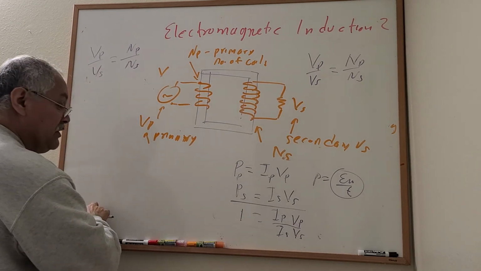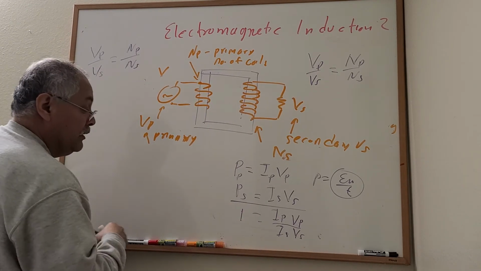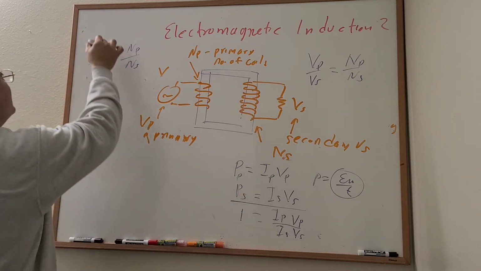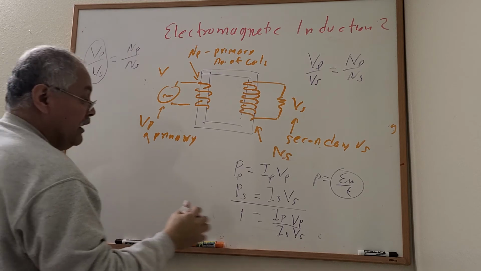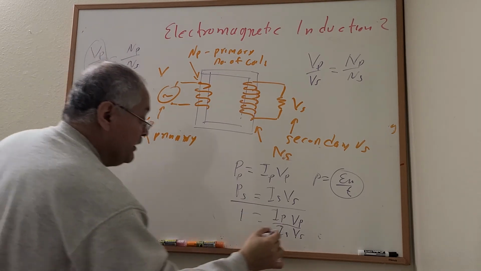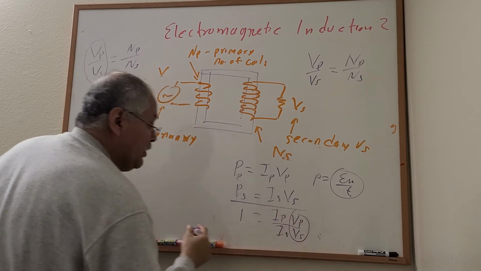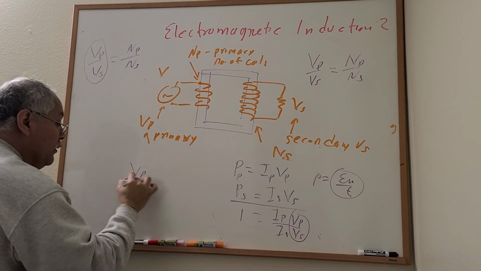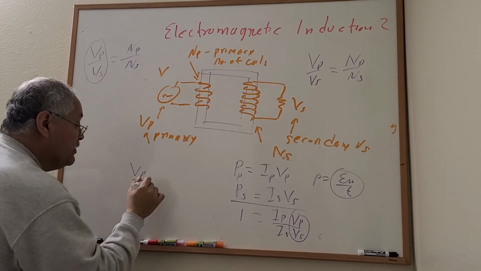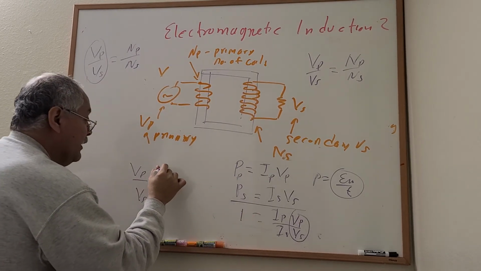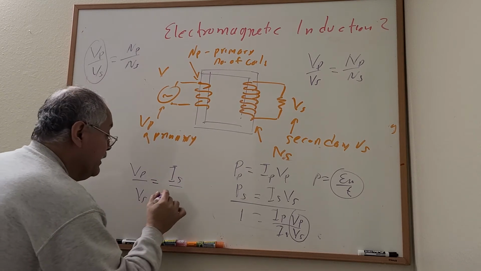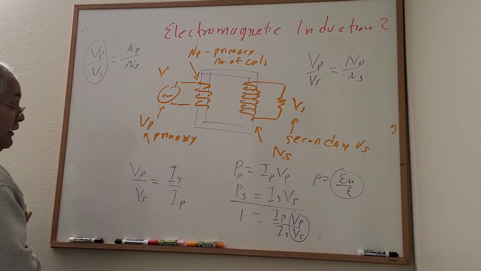When we arrange this, let's try to get something like Vp over Vs. So the primary voltage over the secondary voltage is equal to the secondary current over the primary current.